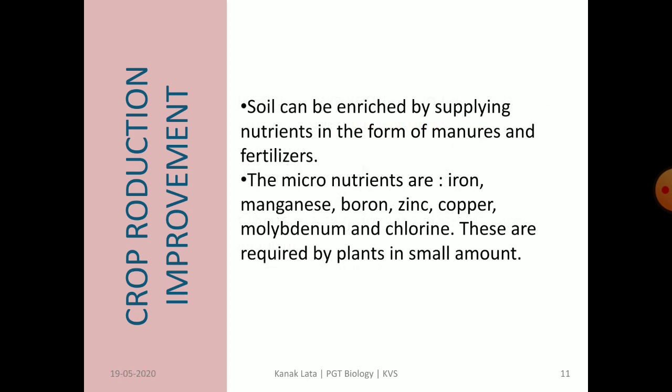Examples of micronutrients are iron, manganese, boron, zinc, copper, molybdenum and chlorine. We can enrich soil by supplying nutrients in the form of manure and fertilizers.